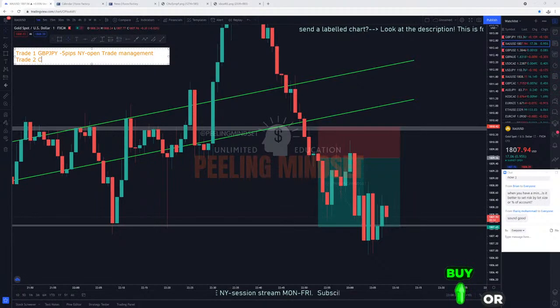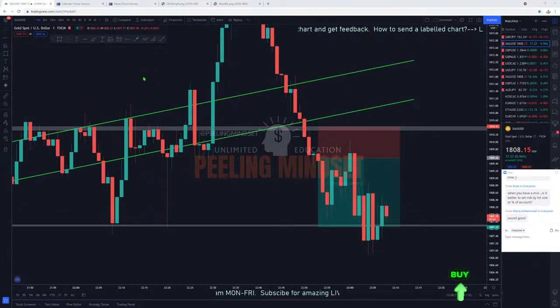Trade 2, gold USD, 12 pips, 30 minutes after the New York Open. So that was 1 minute structure, based on 1 minute structure.